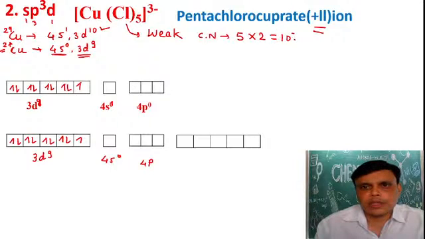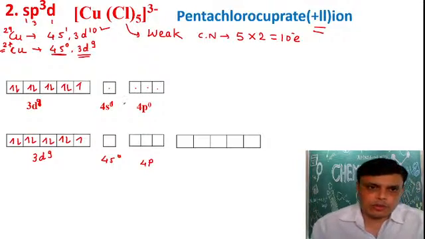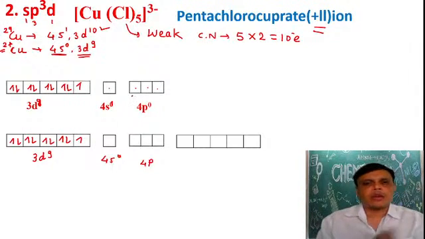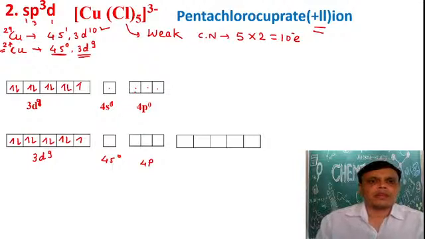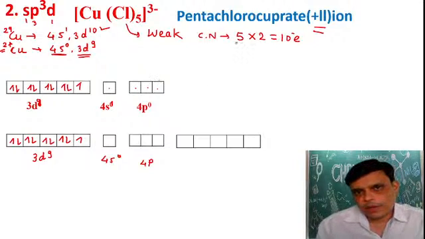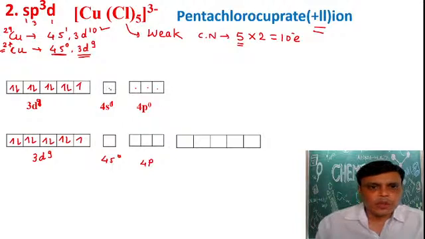How many electrons do we have? 10 electrons. Now how many vacant orbitals are there? 1, 2, 3, 4. Only 4 vacant orbitals are there, and according to the first assumption of Valence-Bond theory, the metal should have vacant orbitals equal to its coordination number. Now the coordination number here is 5, so 5 vacant orbitals should be there, but here only 4 are there.